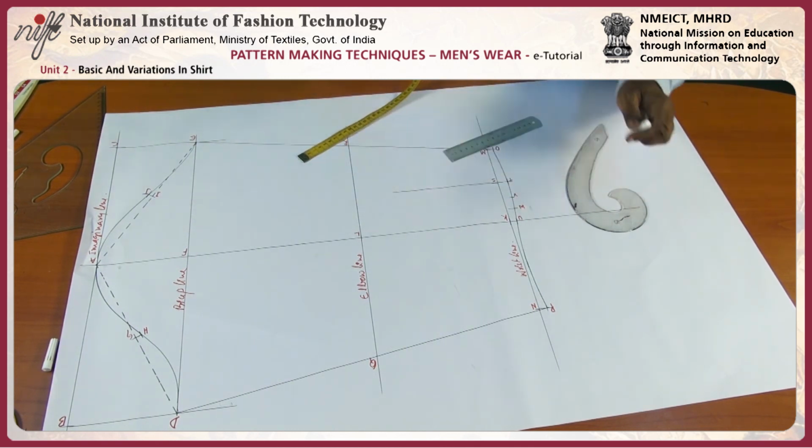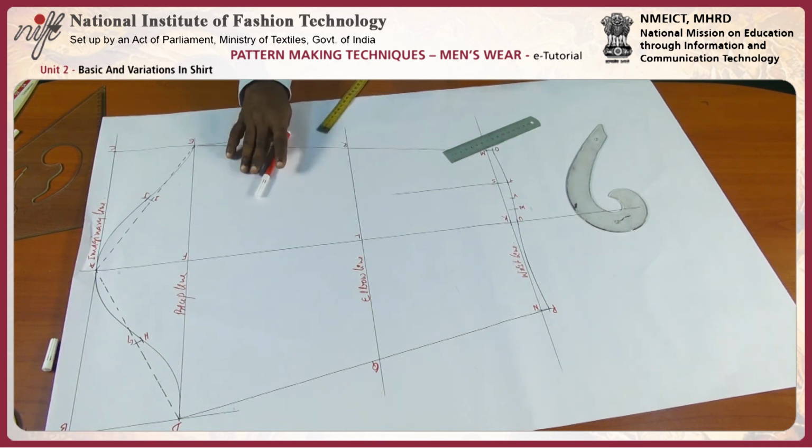W to X is the space between the pleats, 2 centimeters.